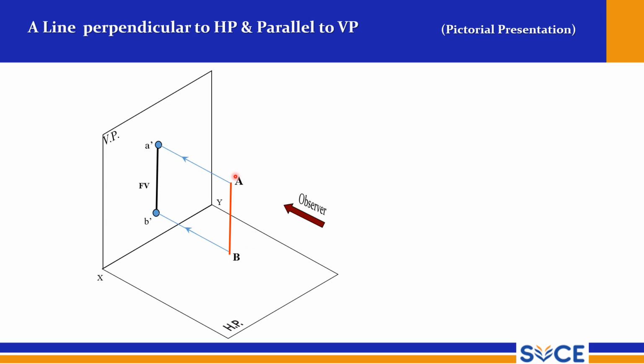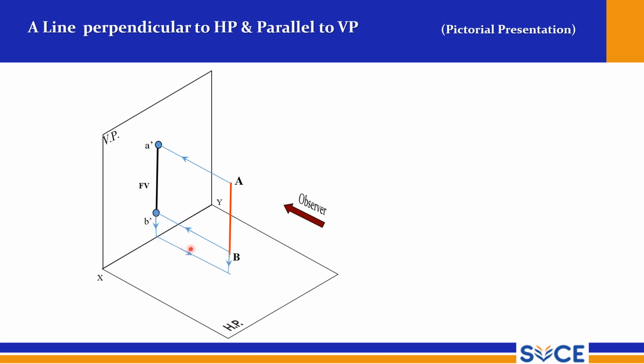Obviously A and B are lying at the same point, because only one end we can see, point A can be seen. So point A overlaps point B. One point is invisible, another point is visible. Now we can see the projection.